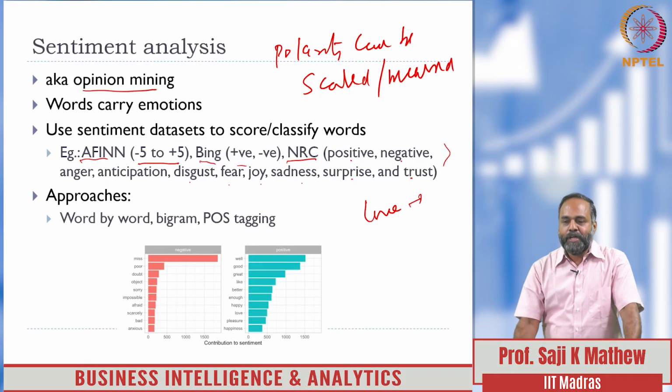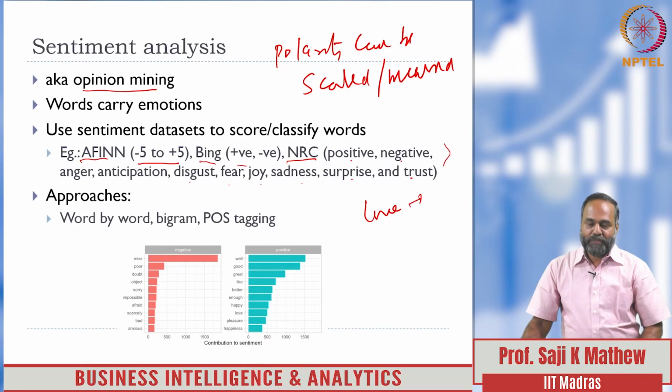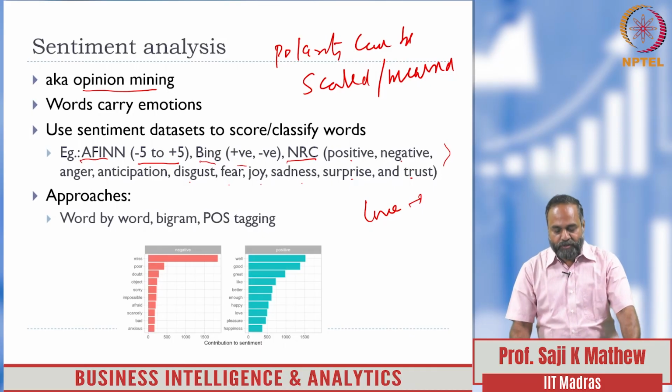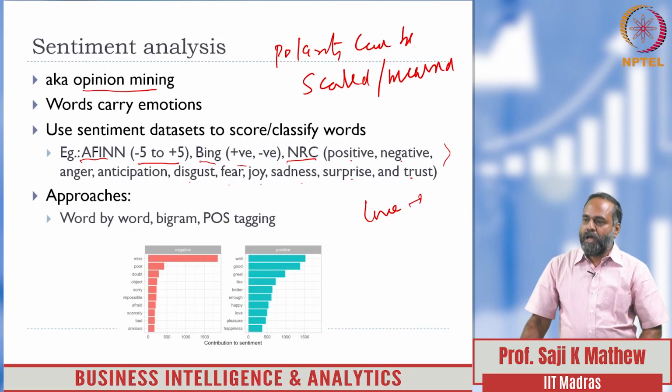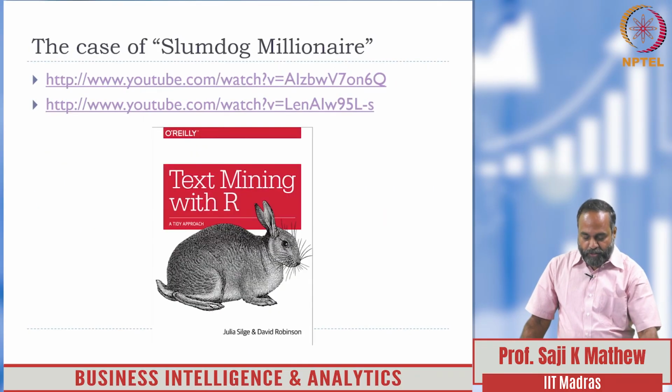And then you can visualize it using different types of graphs provided by different libraries or software. And that is the activity in sentiment analysis, very useful in understanding what is going on in a discussion or in a particular text.